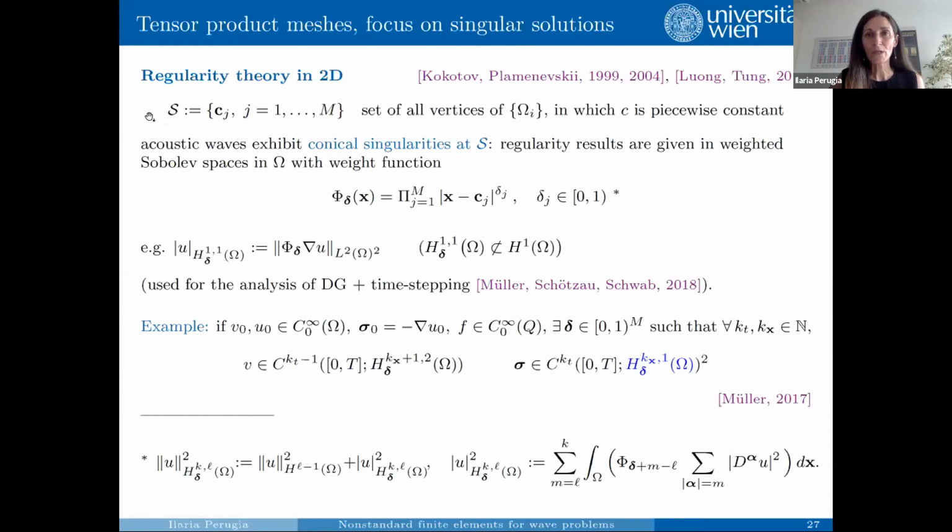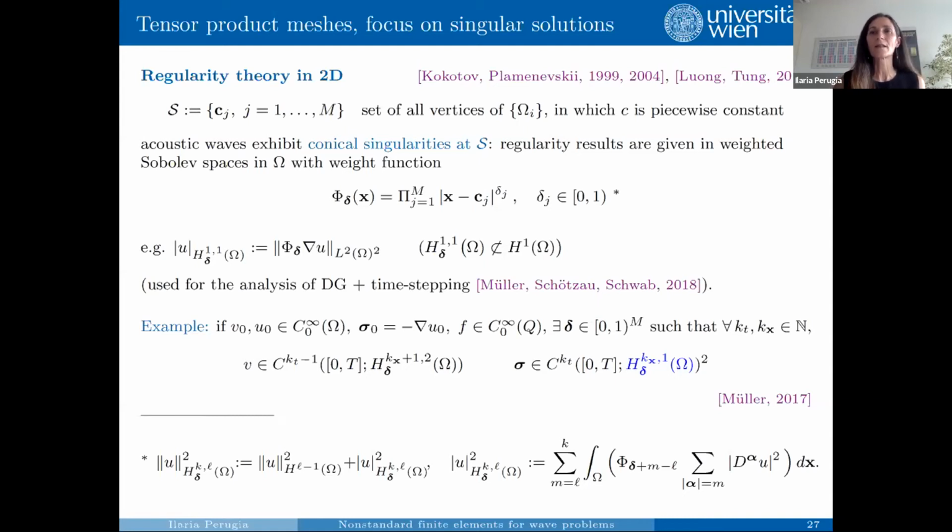For instance, what we know in 2D is that the singularities of the solution of the wave equation are only conical singularities that are located either at the domain corner or at a corner between two different elements.